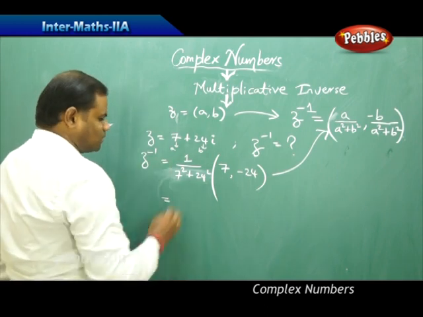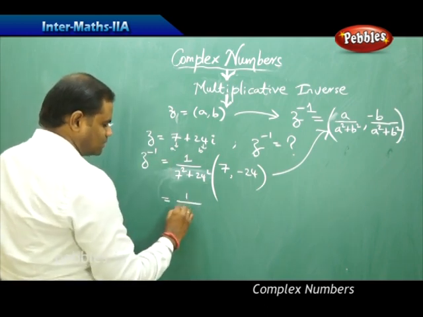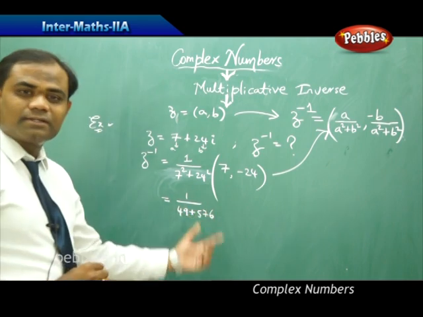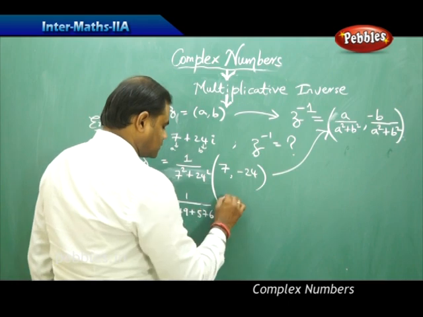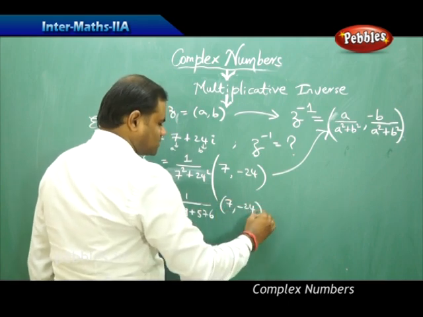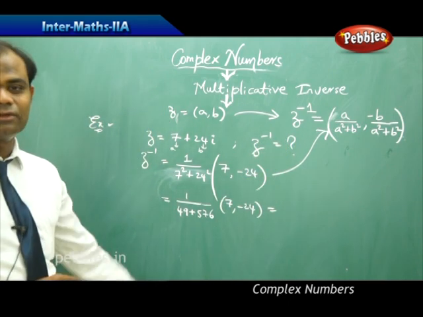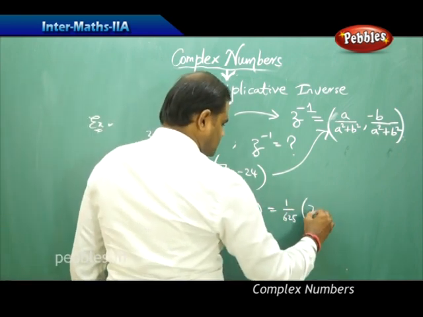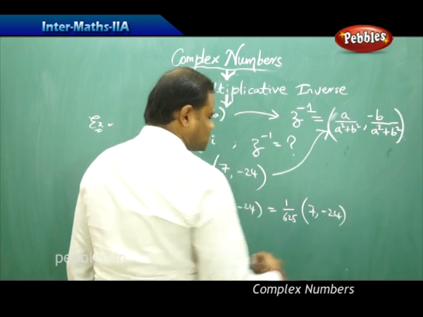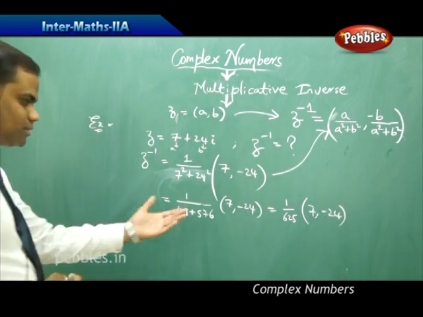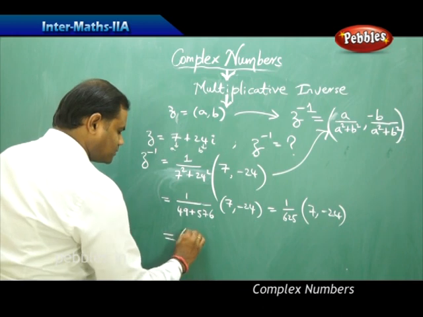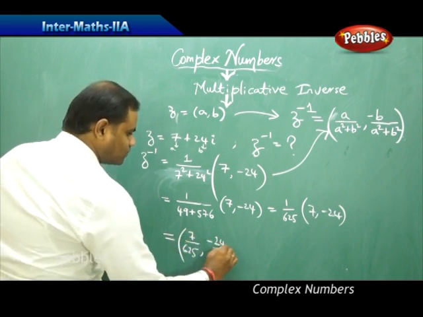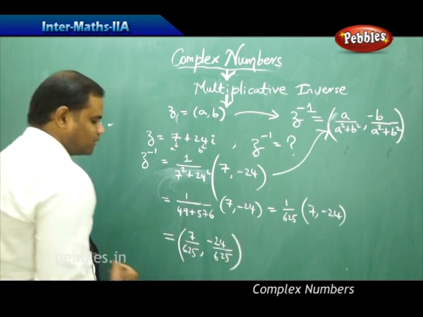So this now reduces to 1 by 7 squared, which is 49, plus 24 squared, which is 576, of 7 and minus 24. This on further simplification gives 1 by 625 times 7 and minus 24, which finally reduces to 7 by 625 and minus 24 by 625.